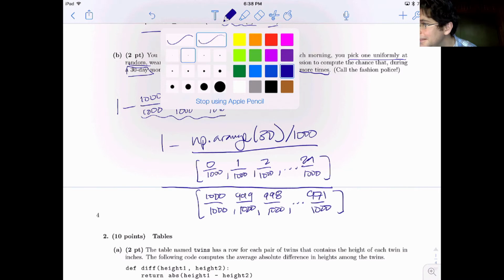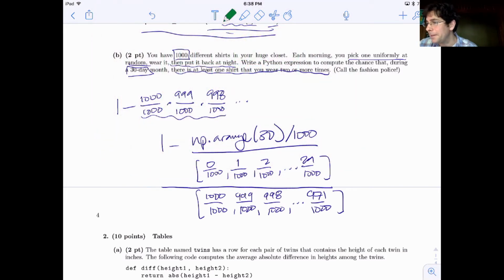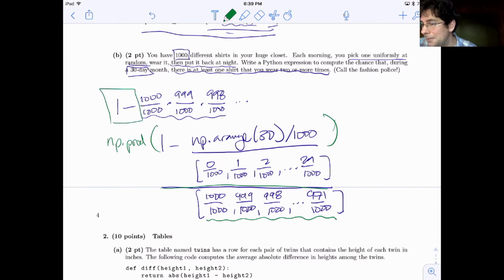So if you've computed this array so far, which is great, you then need to multiply all of those numbers together, which is np.prod. So that gives me the product of everything in here. Once I've multiplied all those together, then I see the only thing I'm missing is this 1 minus at the front. Okay, so that's a solution to the problem.